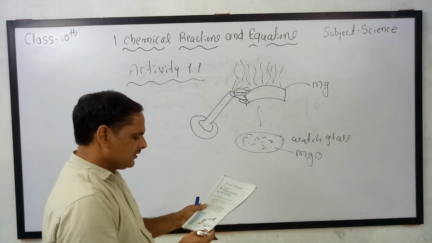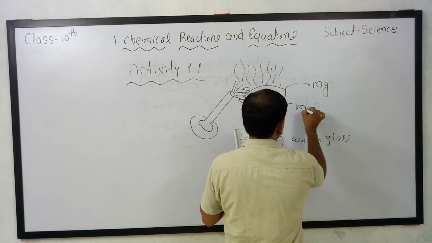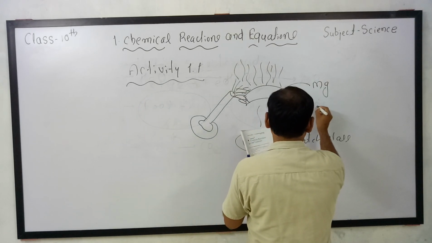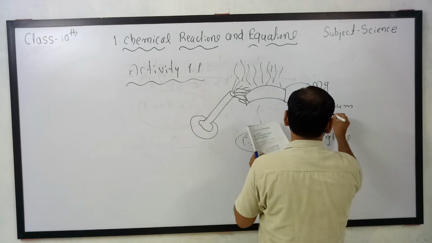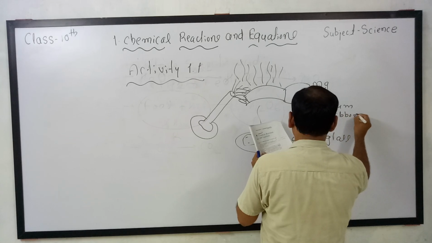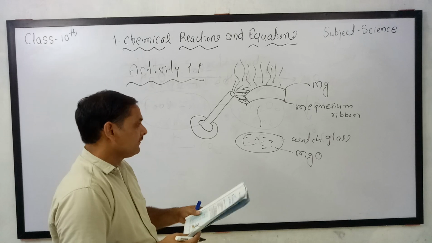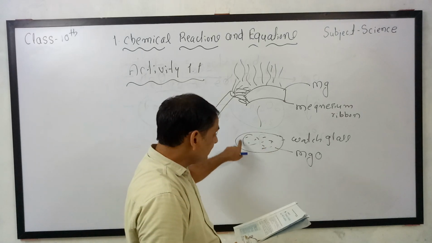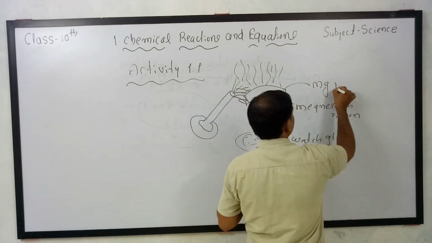This is also called magnesium ribbon. After burning, the white powder is formed, meaning when magnesium burns in the presence of oxygen.